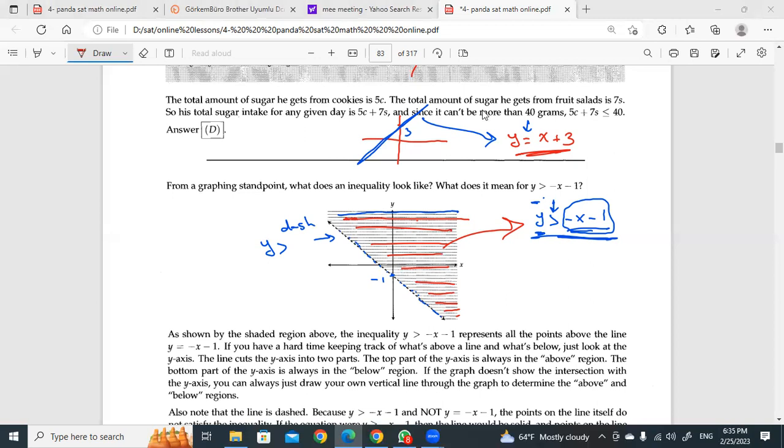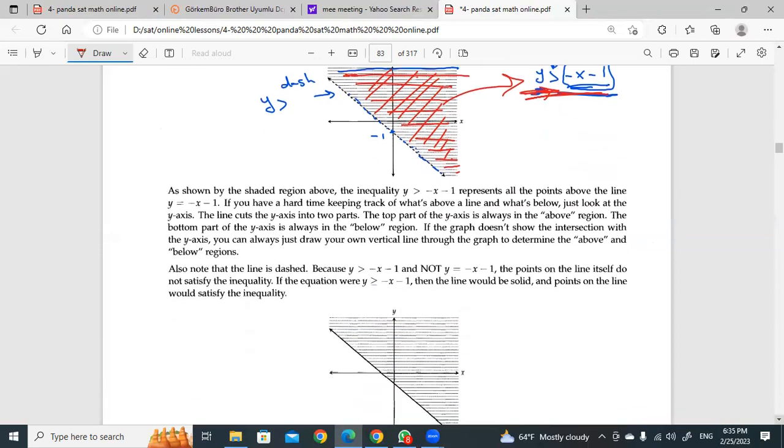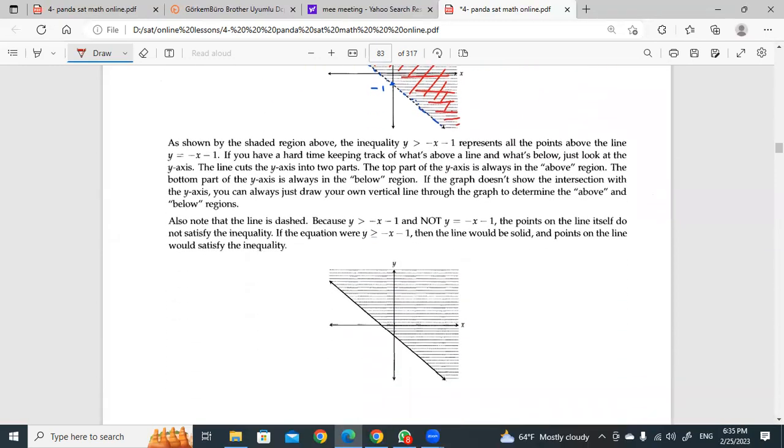So right now we know that I'm playing with area, with all the plane. Now I'm searching for all of this area which satisfies this inequality. Okay, let us take another one. It's the same, but here I say y is greater than or equal to -x minus 1.